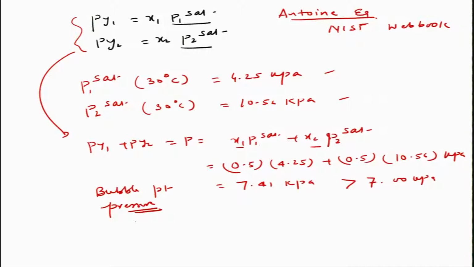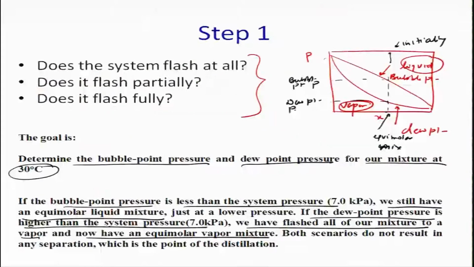So, this is a bubble point pressure which is above the system pressure, which is nice, because you wanted bubble point pressure to be higher than the system pressure, but of course, you also want your system pressure to be greater than the dew point pressure.